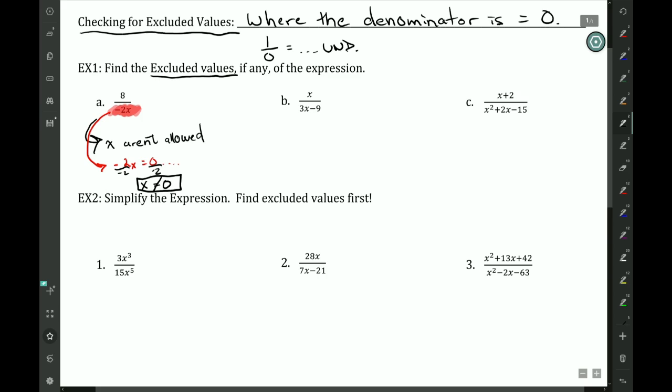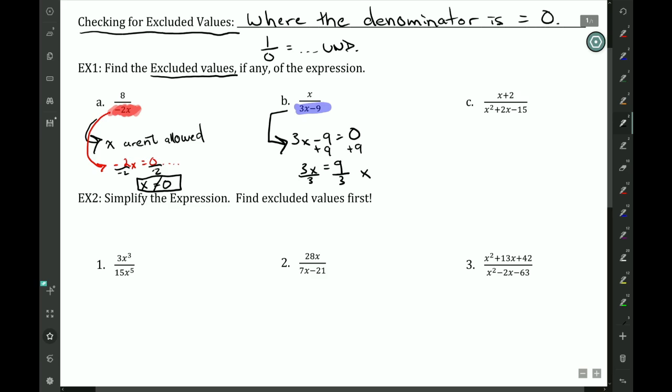The next one, again, the only thing you're doing is setting the denominator equal to 0. So let's find out what's not allowed at the party, checking IDs and everything like that. You're going to add 9 over. These should be basic problems. You divide by 3. You divide by 3.